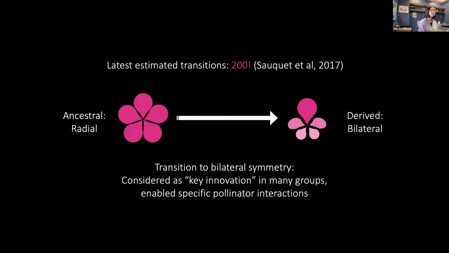The transition from radial to bilateral was also considered a key innovation in many species-rich groups like orchids and legumes, because this change in floral form enabled very specific pollinator interactions. So this is also an ecologically very important trait.